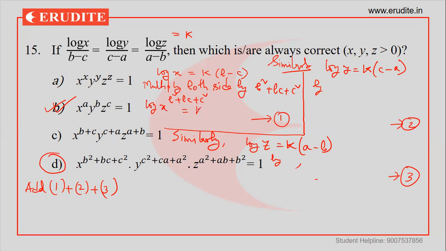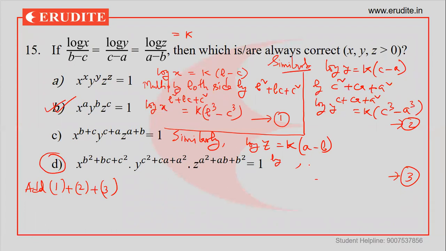So it should be k into b cube minus c cube. Same thing for the second one, c square plus ca plus a square. If I multiply, it would be log of y to the power c square plus ca plus a square, and that would be k into c cube minus a cube.